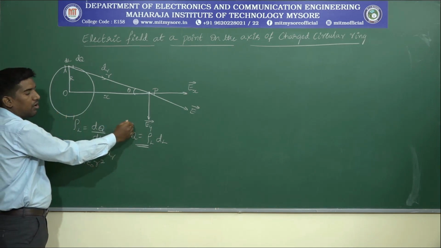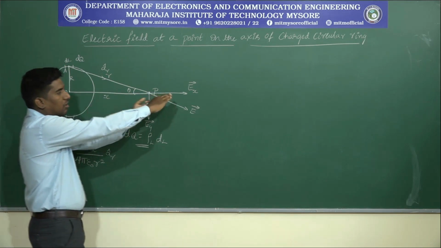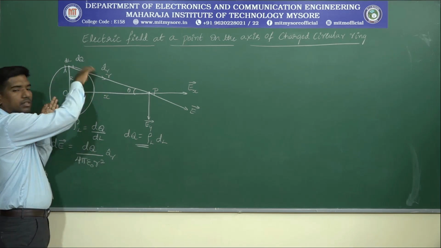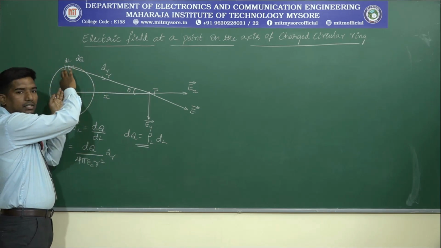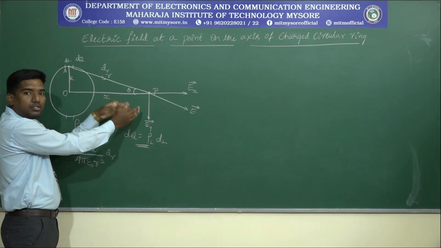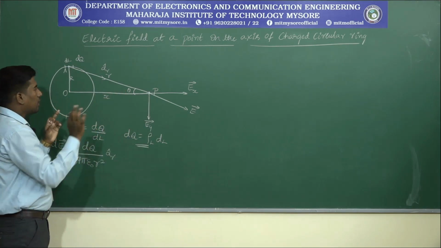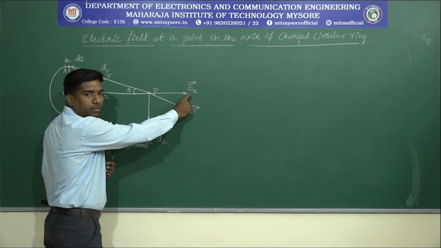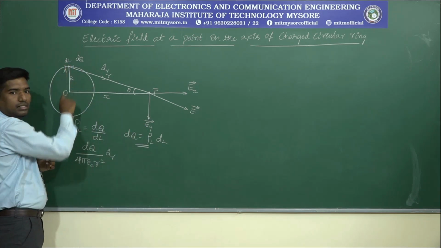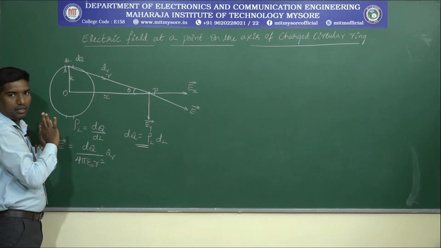Hence, the summation of all Ey components results in 0. But the Ex components add up for the points along the entire circumference of this circle. So only the Ex component is retained, and Ey becomes 0. Keep that in mind.